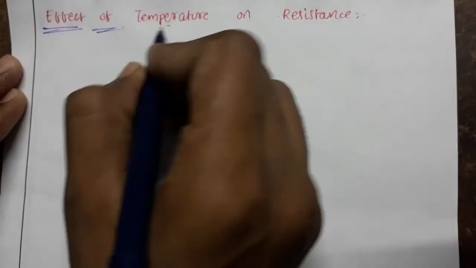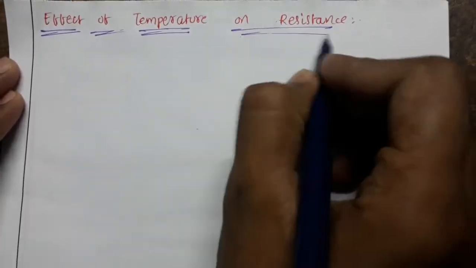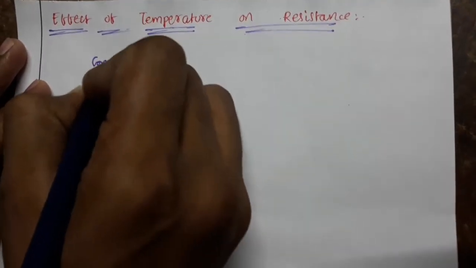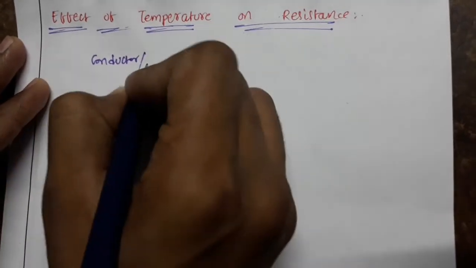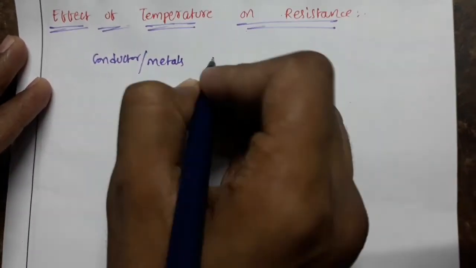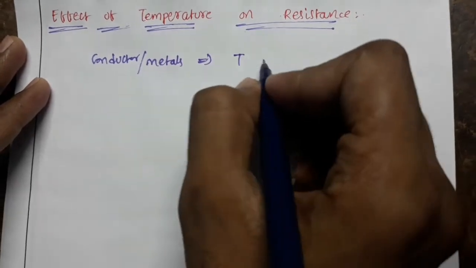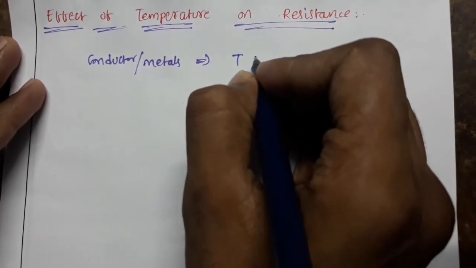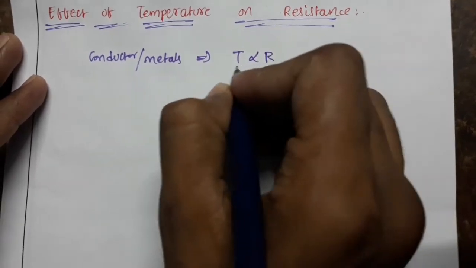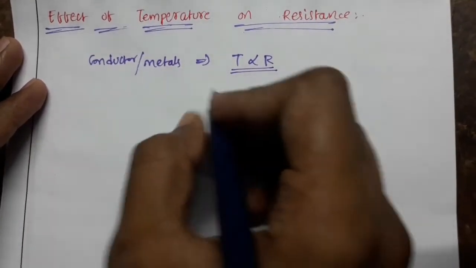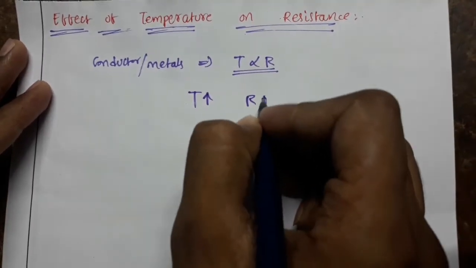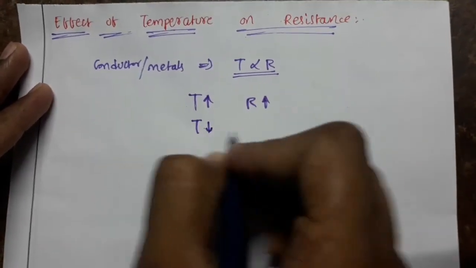Effect of temperature on resistance. We know that for conductors or metals, resistance increases with temperature. That is, temperature is proportional to resistance. When temperature increases, resistance increases; when temperature decreases, resistance decreases.